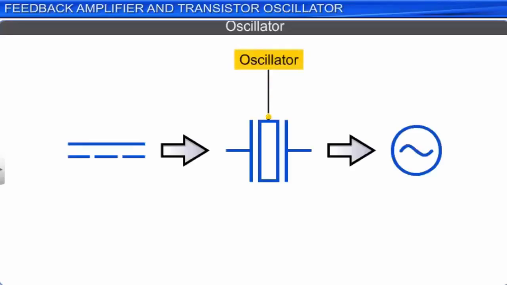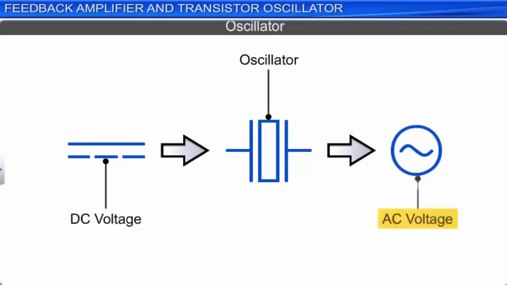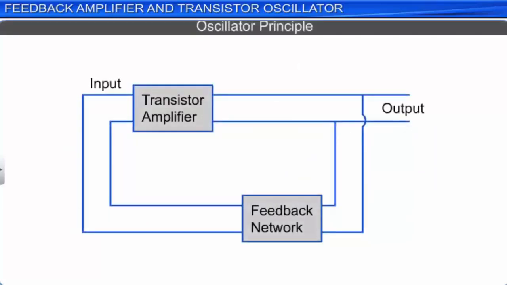An oscillator is an electronic device that converts DC voltage into AC voltage. An oscillator consists of a transistor amplifier and a feedback network that extracts a part of the output of the amplifier and feeds it back as input to the transistor amplifier.